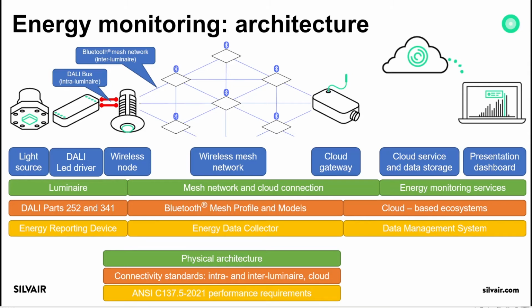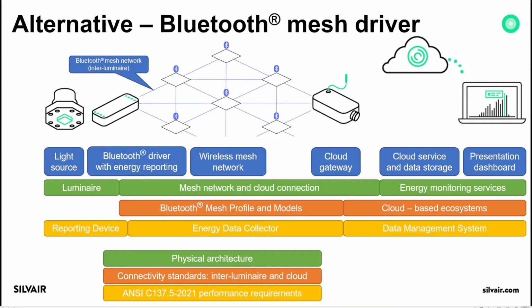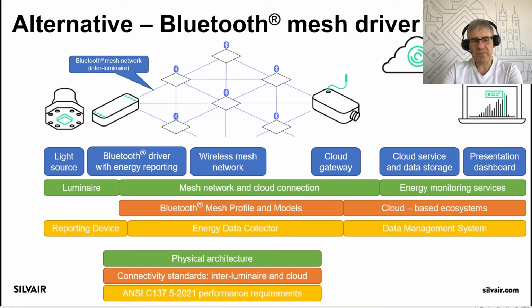And then you can use an off-the-shelf DALI to Bluetooth wireless node and then build a Bluetooth mesh network out of these. Now, you may ask, what if I don't have a DALI driver, or what if I don't use a DALI driver? All is not lost, and actually there is quite a nice alternative to this setup.